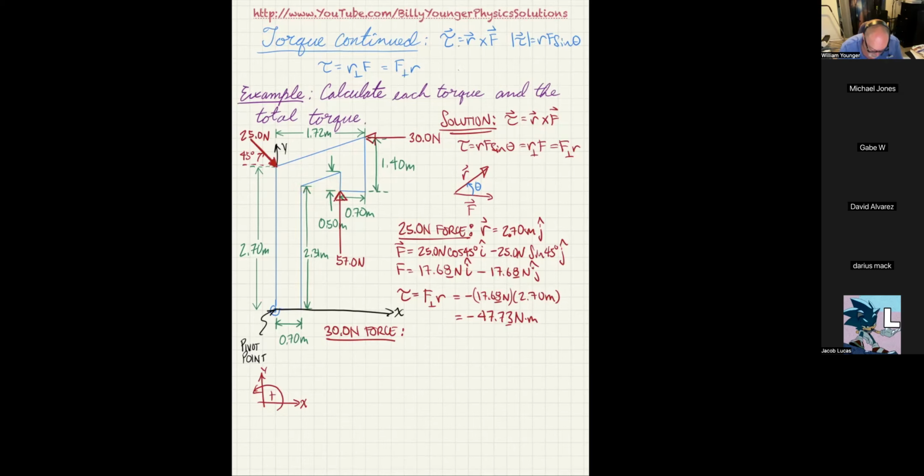So it's a little more complicated to get the actual lever arm component that's perpendicular to the 30 Newton force. So I might have to add another measurement to this drawing, but let's check and see.